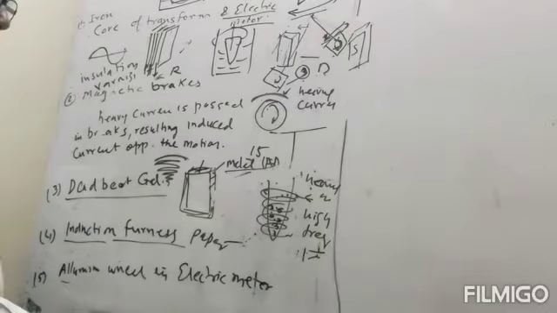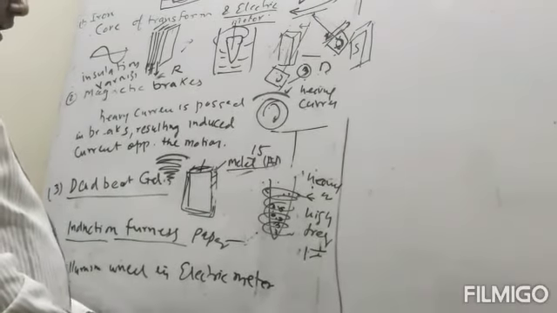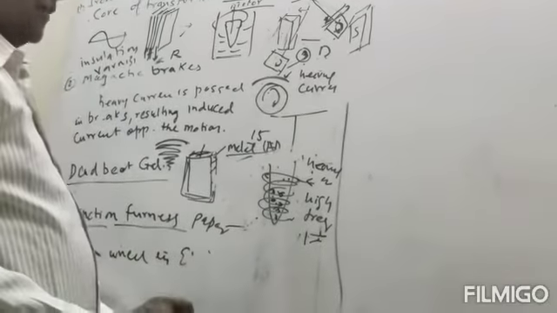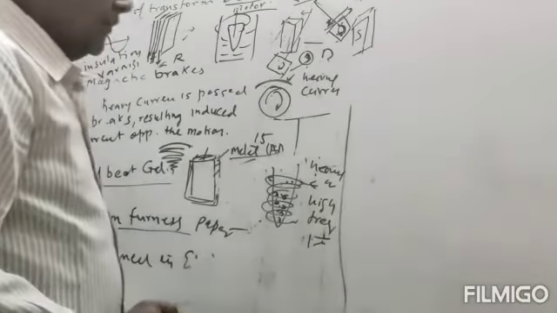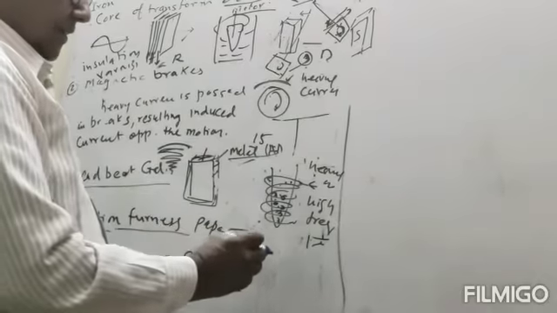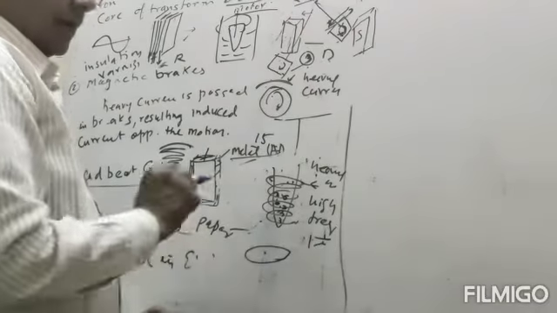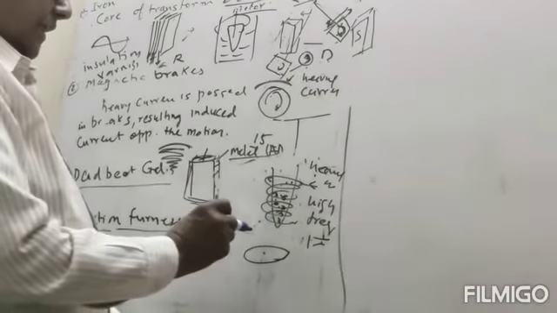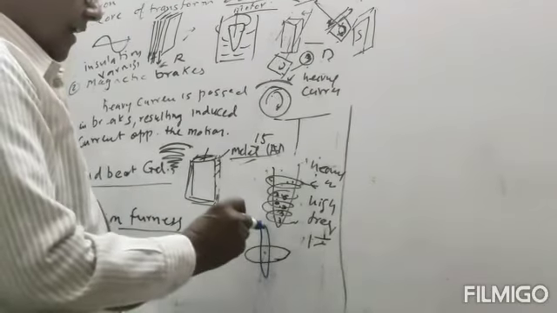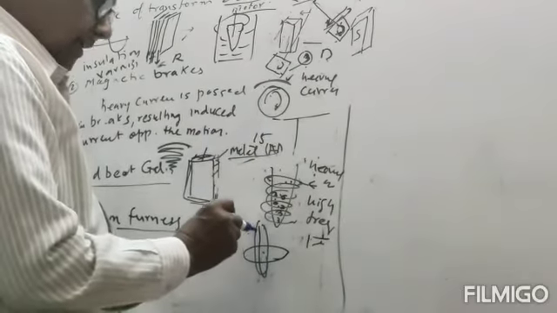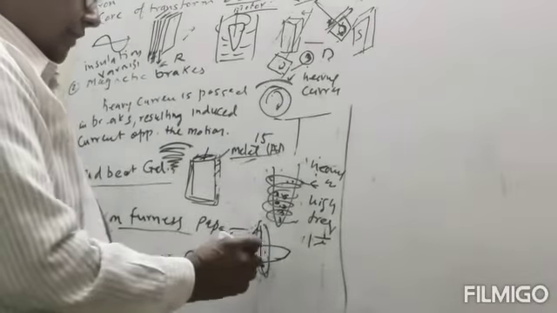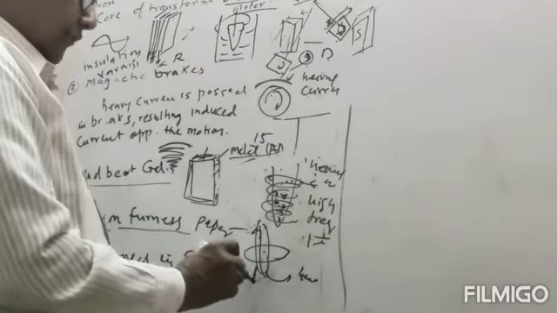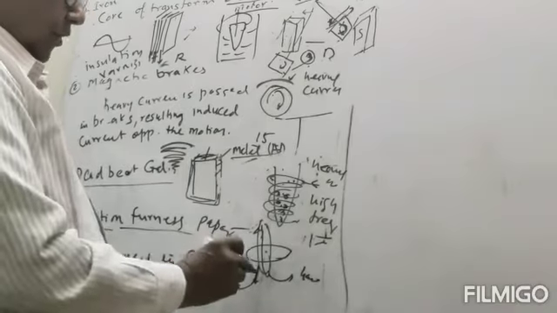Now, next use is the aluminum disc in the electrical meter. Now we have the electronic meter, but earlier we had a meter in which you will see that there is an aluminum disc, and the aluminum disc is rotating. Now, why is the disc rotating? So here there is a coil, and in this coil the AC current passes, which enters here and goes to our home. So it is from the power supply or from the powerhouse.